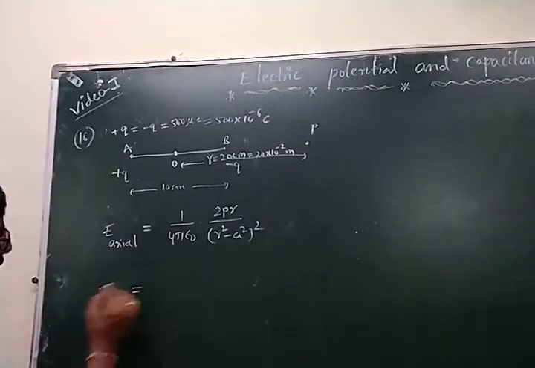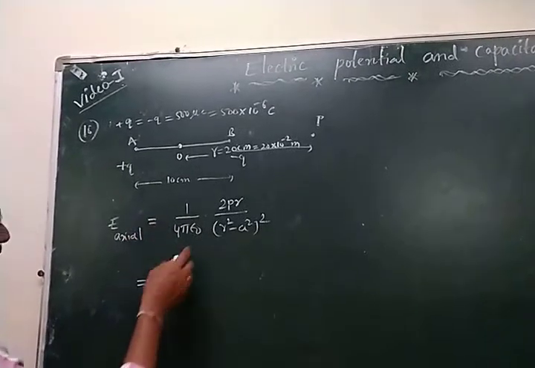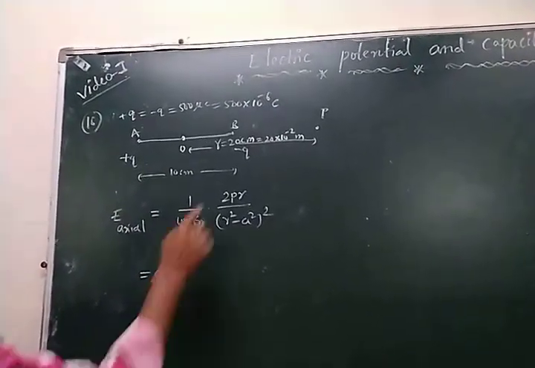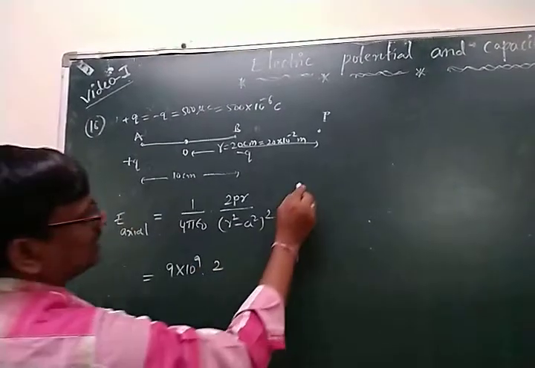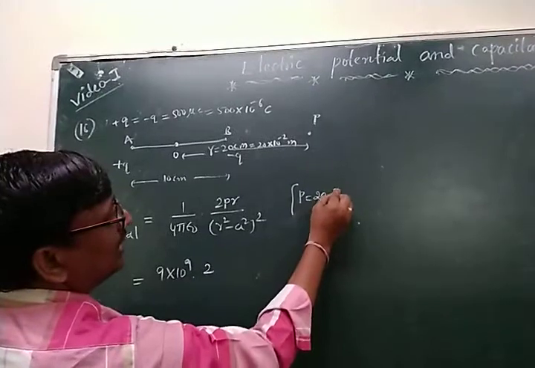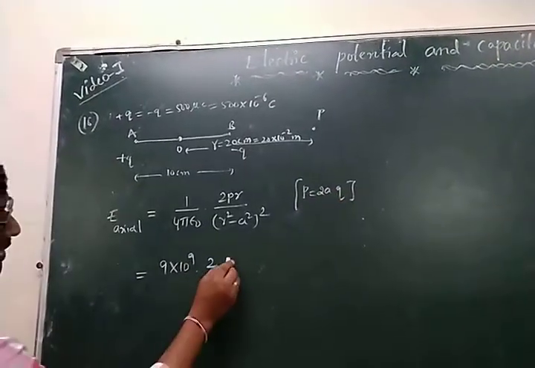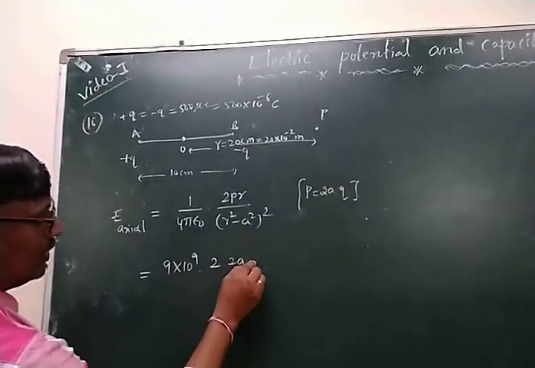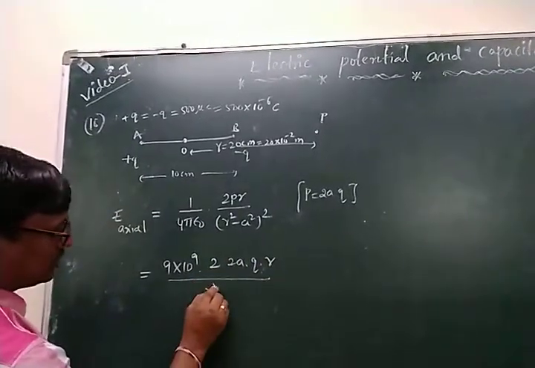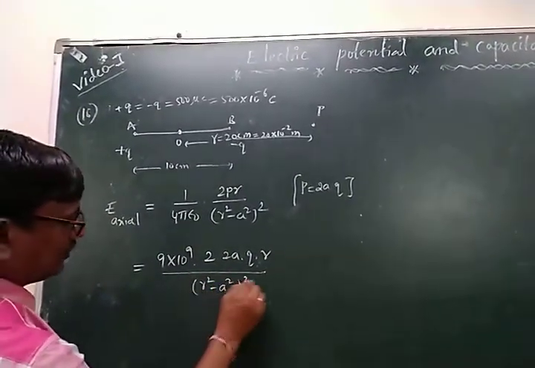Now substitute the values. 1 by 4 pi epsilon naught is 9 into 10 power of 9. The electric dipole moment p is 2a into Q.